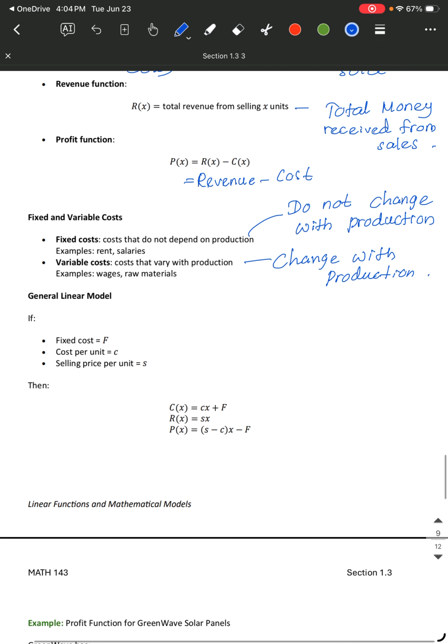So the cost function C of x, okay, let's get a new page. C of x, the cost function, would be the sum of fixed cost and the variable cost, right?